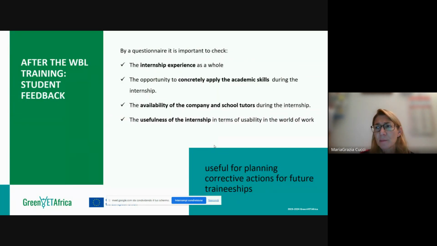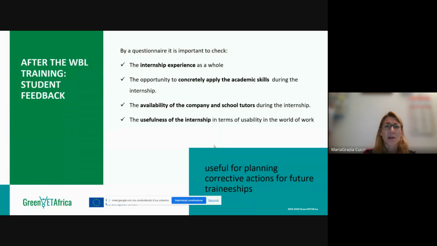Then another important point for monitoring is after the experience. The first thing to be checked is the student feedback. It is important to have a questionnaire. Why? Because we can check whether the experience altogether was a good experience and whether it gave the student the opportunity to achieve the goals that were stated at the beginning.